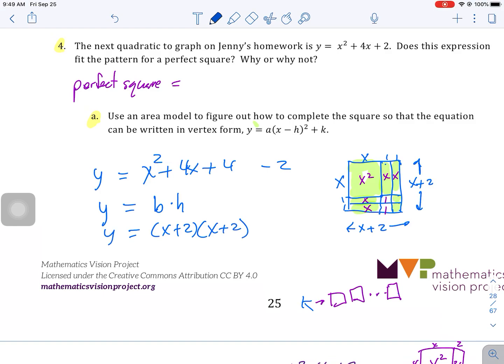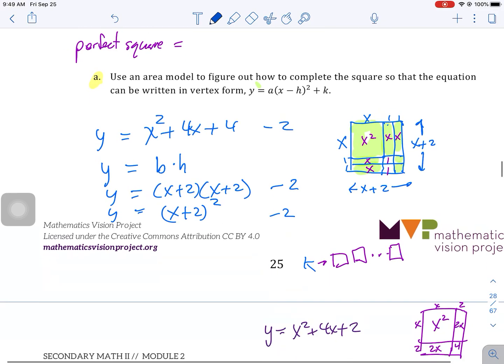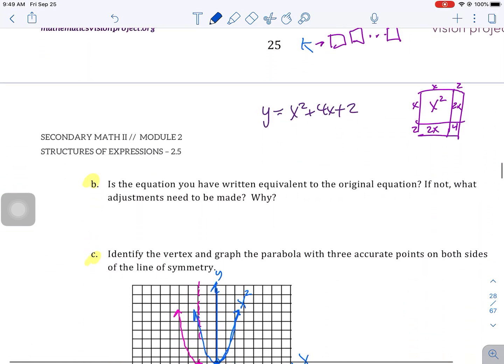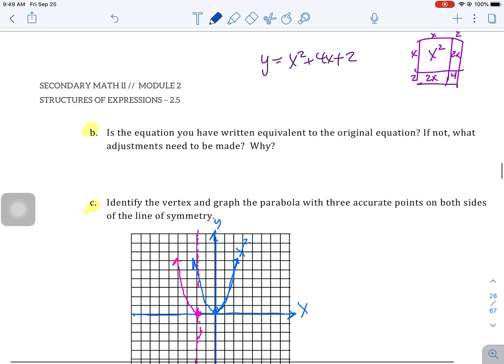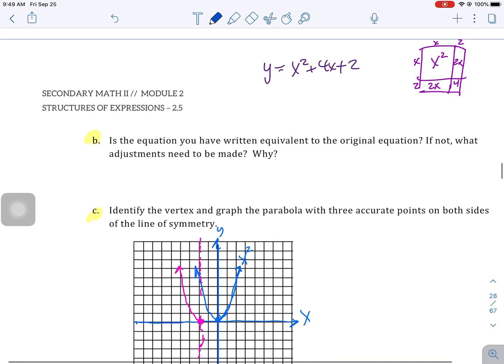So another way to express this would be x plus 2 times x plus 2, or x plus 2 squared. Okay, and in this case, we have to remember that that's too large. So we would have to subtract 2 here. Is it equivalent? An adjustment's been made.